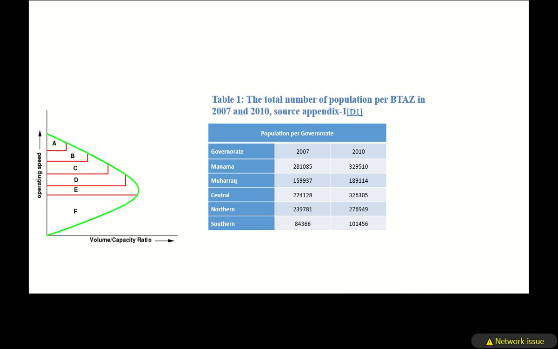Anyhow, you can see here, this is speed and the volume capacity ratio. Whatever it is, I am not interested in the values. There are no values, but even without the values, I know how this is affecting this one. It is affecting in the form of a curve, and the curve is very simple.